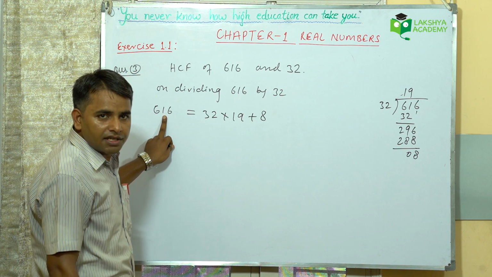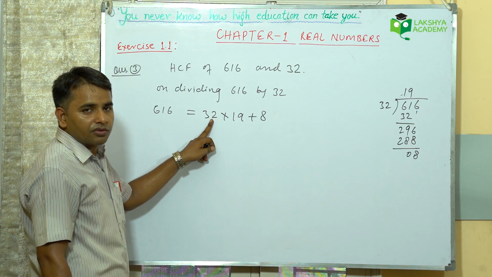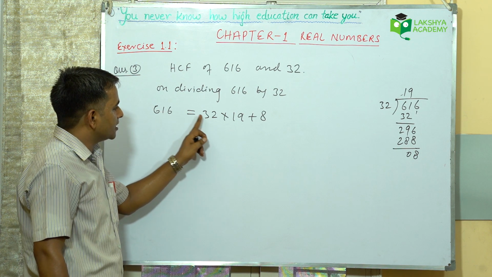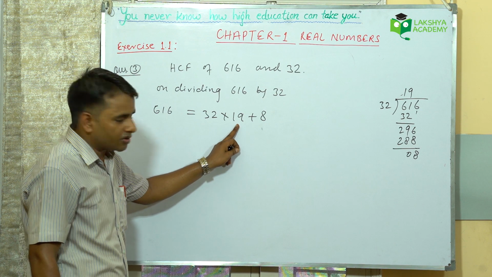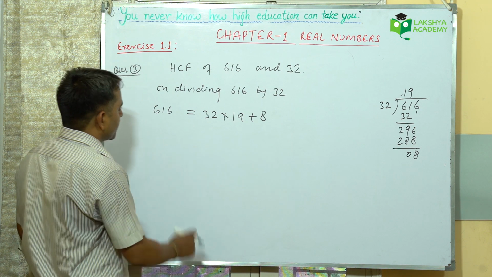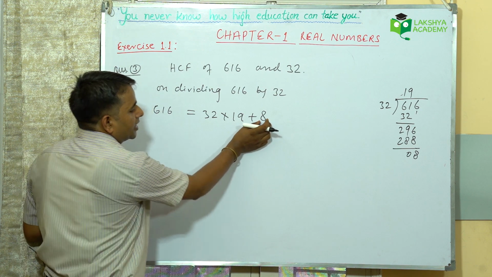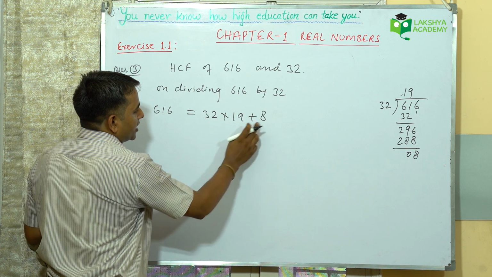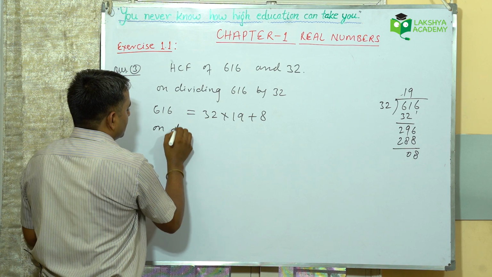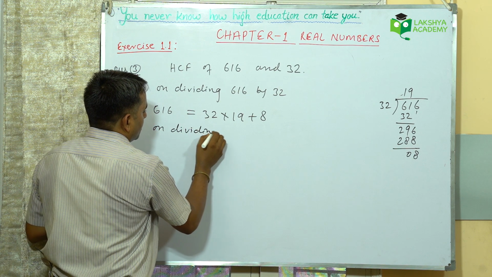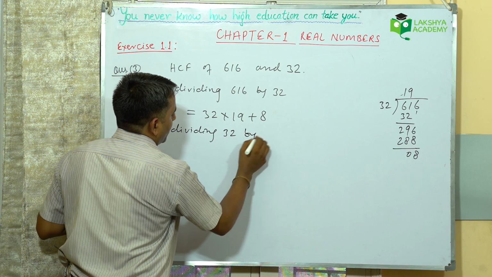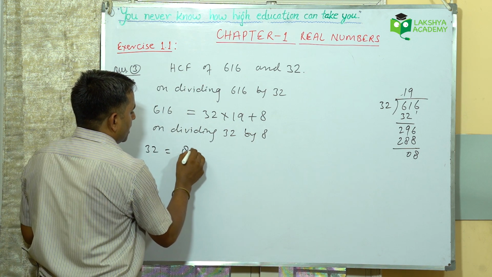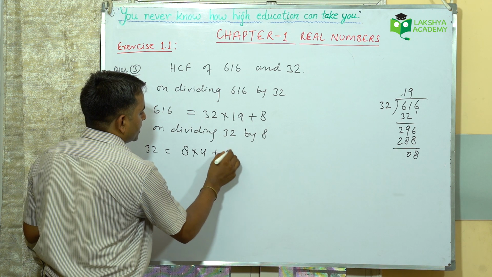So on dividing 616 by 32, we are getting 616 as the dividend. This equals divisor into quotient plus remainder. Again we are not getting remainder as 0. So again dividing the divisor by the remainder, on dividing 32 by 8, 32 equals 8 into 4 plus 0.